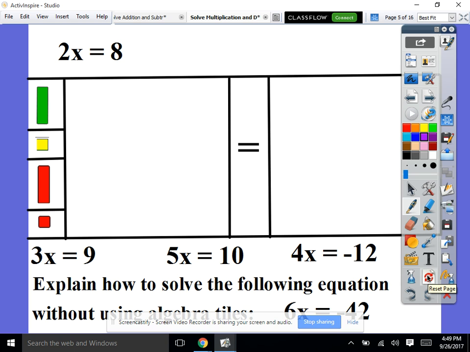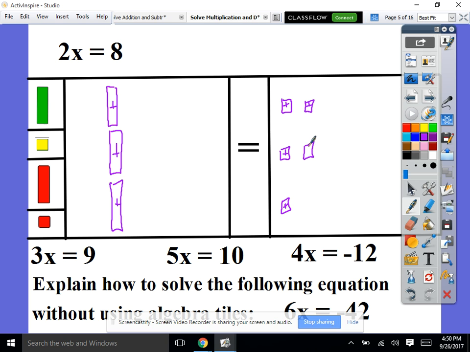And we can draw these also. If we have 3x, well, there's 1x, there's 2x. Ooh, that was bad, wasn't it? And there's 3x, 3 positive x's, so equals 9. So here's 1, that's 3, 4, 5, 6, 7, 8, 9.